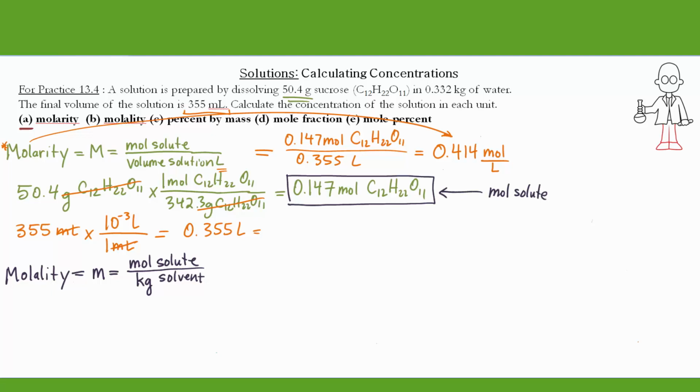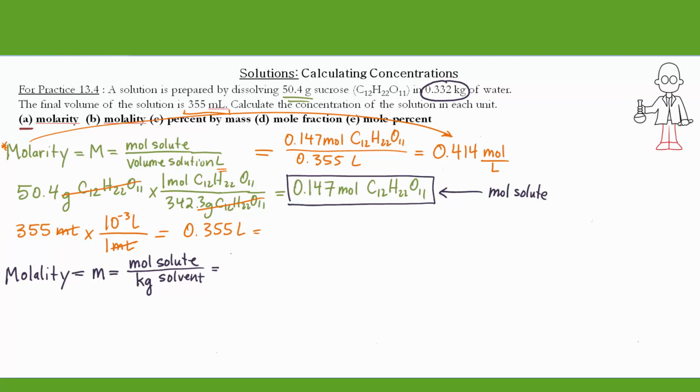So in the problem it gave us explicitly the mass of the solvent in kilograms. It will not always be in kilograms. Your mass of solvent in the problems, you may have to convert it to kilograms, just to be on notice.